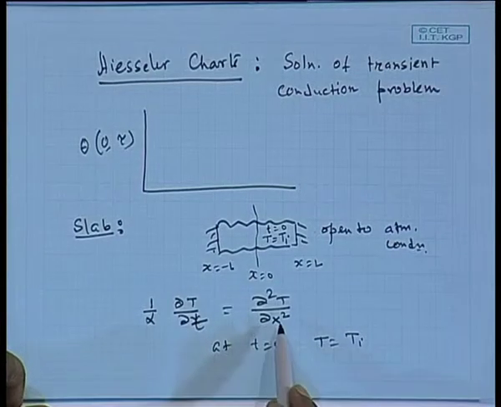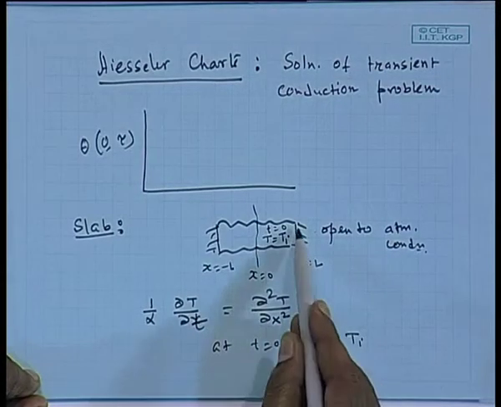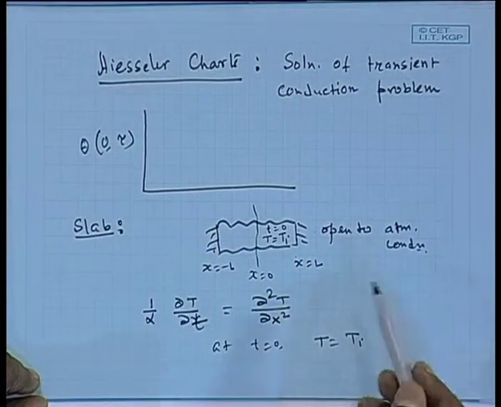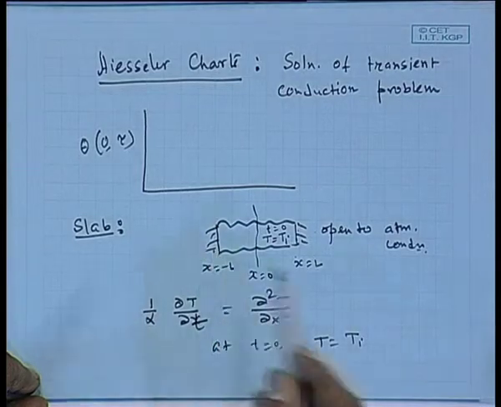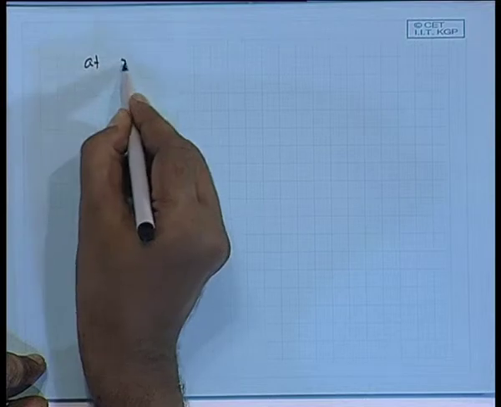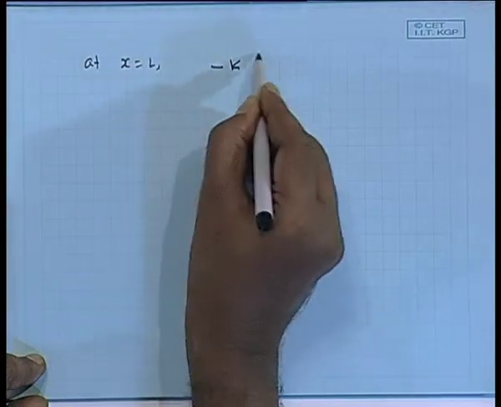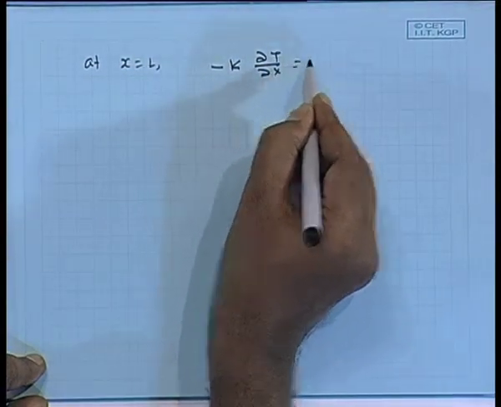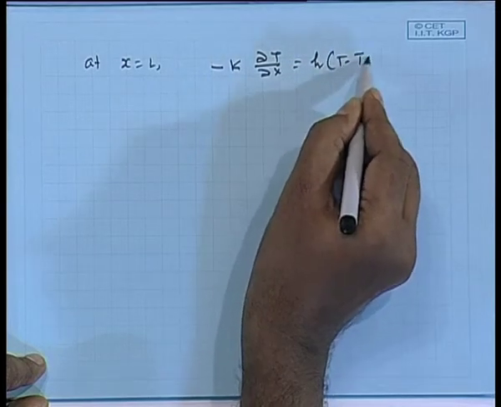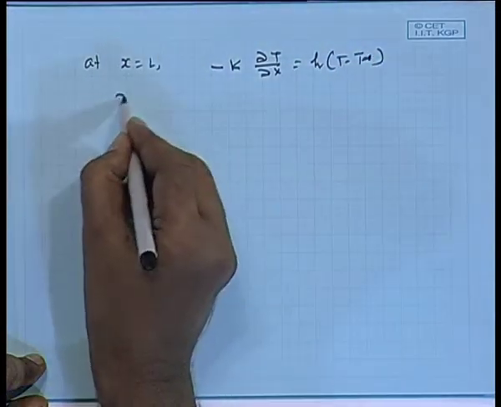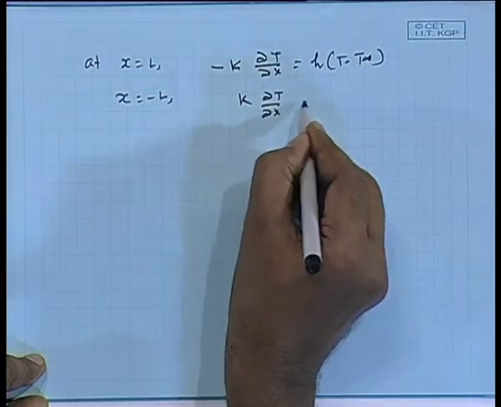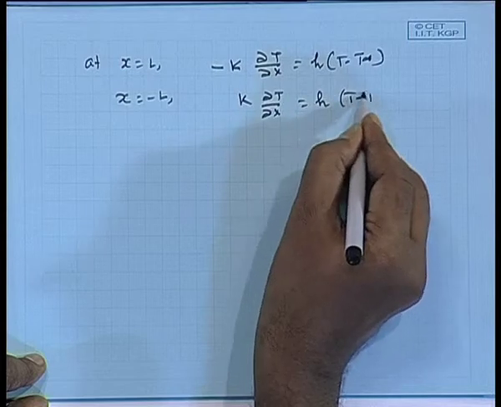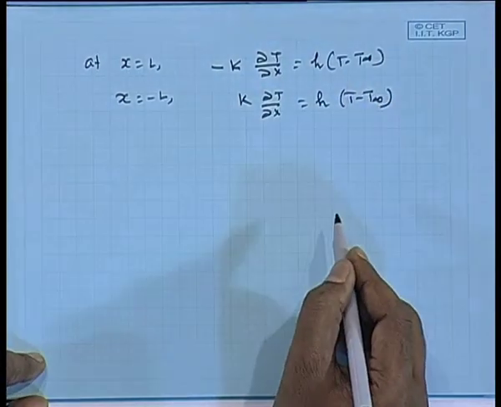And you require two boundary conditions on x; both the boundaries are open to atmosphere, so it will be a mixed boundary condition at both surfaces, x equal to L and x equal to minus L. At x equal to L, you will have minus k del T del x equal to h (T minus T infinity). At x equal to minus L, you will have k del T del x equal to h (T minus T infinity).